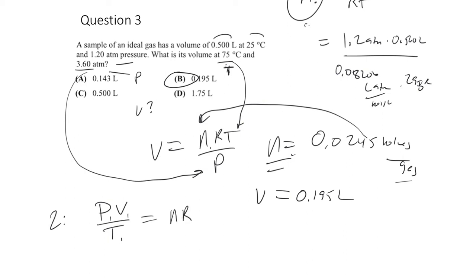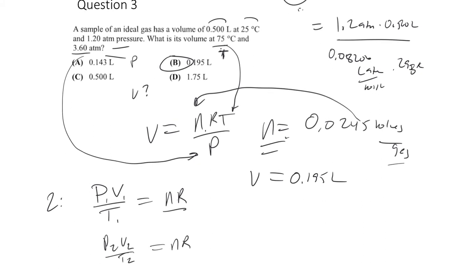So nRT equal to PV, just dividing by T, and then recognizing P1 V1 over T1 equals nR. And then nR is also going to equal P2 times V2 divided by T2 if we're keeping the moles of gas constant. And so then we could write P1 V1 over T1 equals P2 V2 over T2.